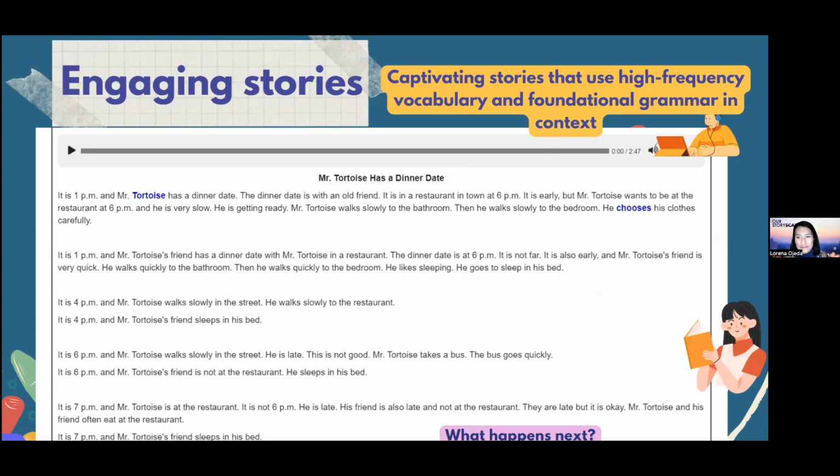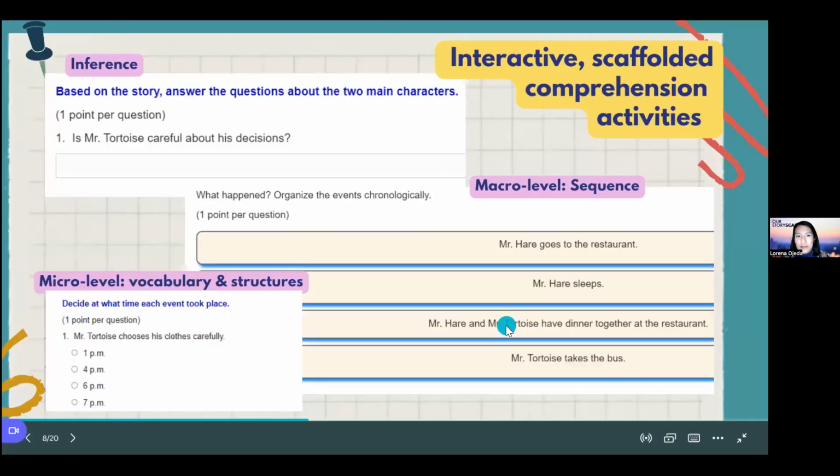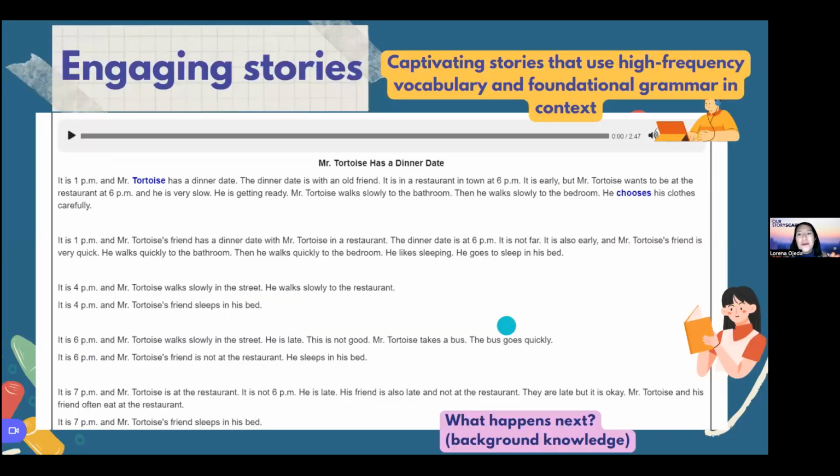It is in a restaurant in town at 6 p.m. It is early, but Mr. Tortoise wants to be at the restaurant at 6 p.m. and he's very slow. He is getting ready. Mr. Tortoise walks slowly to the bathroom. He chooses his clothes carefully.